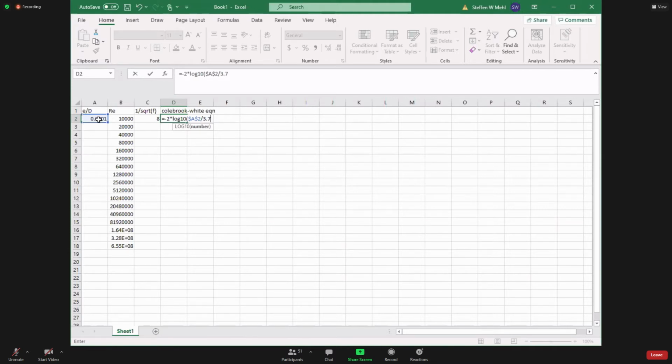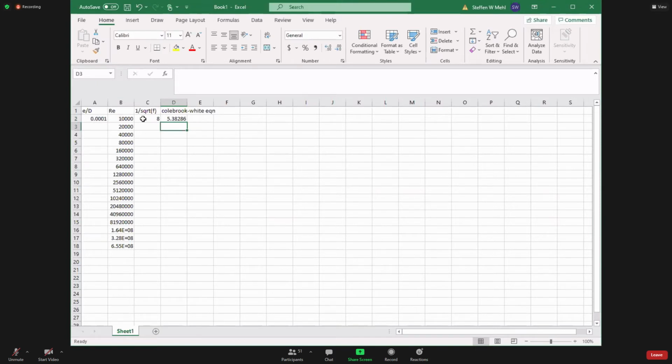Then it was divided by 3.7, and then plus 2.51 divided by the Reynolds number, which I have in this column right here. I'm not going to freeze that because I want that to fill down the sheet. And then it was times 1 over the square root of f, which is this one right here. All of that was in the log, so I'll close up those parentheses.